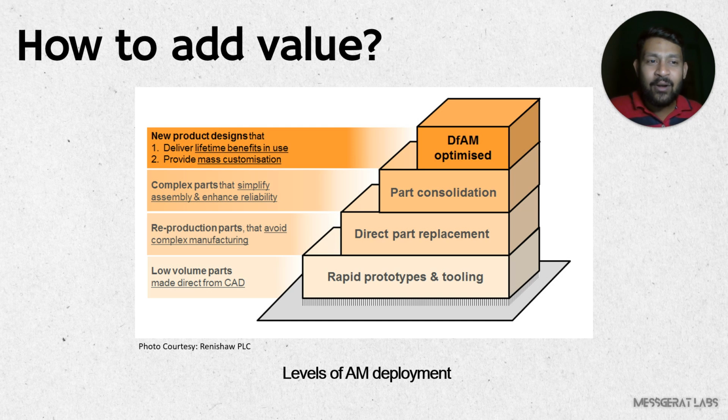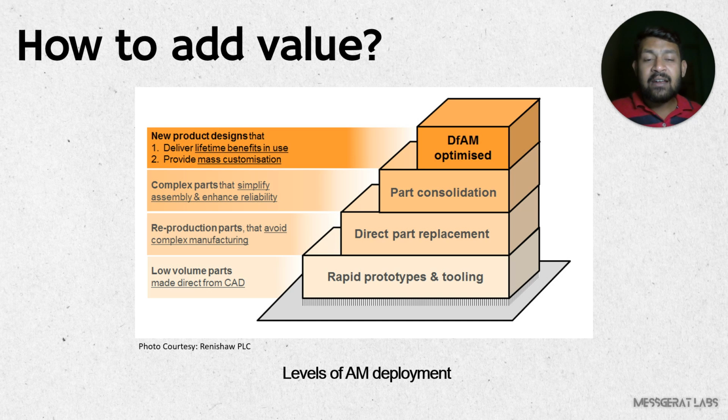So I hope you understand now how it works. First, you start with very basic components. You are only printing components for tooling or rapid prototyping, not the final component. Then you are making the final component but without any design changes. Then at part consolidation stage, you are making the design changes but only very minute design changes, such as joining the components together. And then in DFAM optimized, you also want to tap into the values that can be added at the lifetime use of the part.